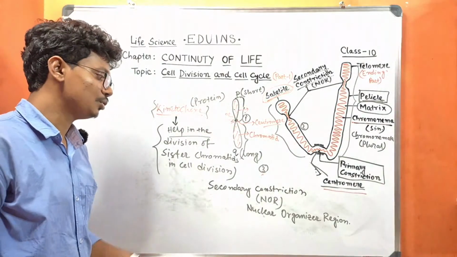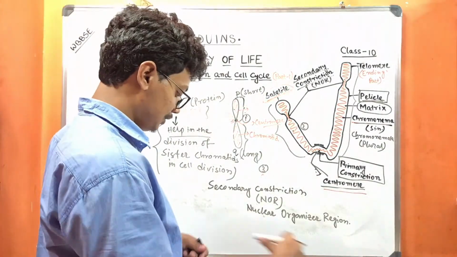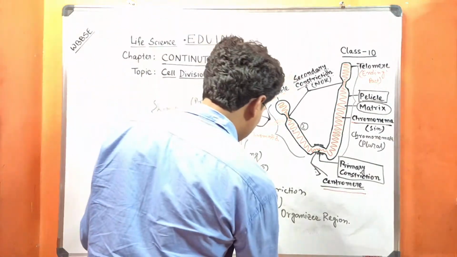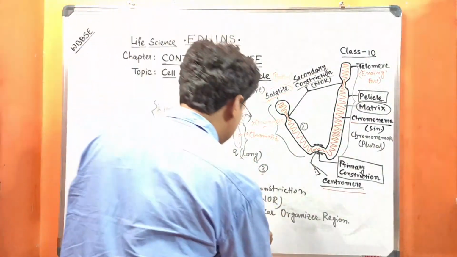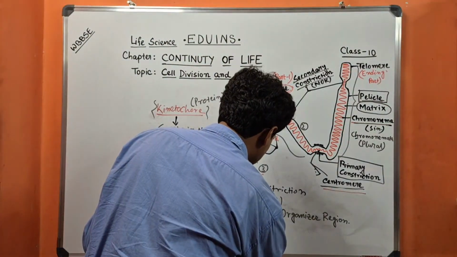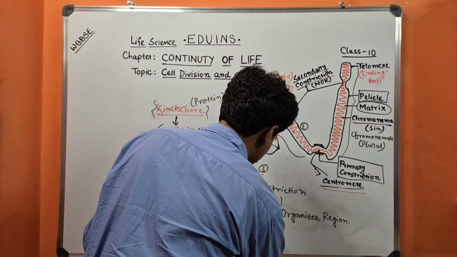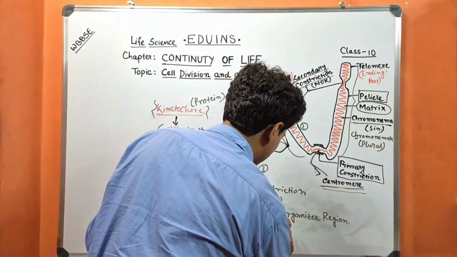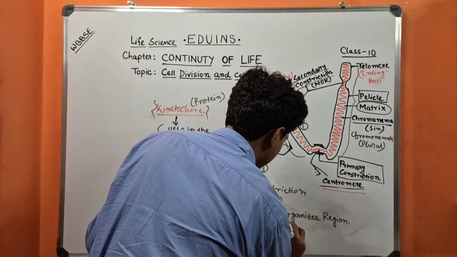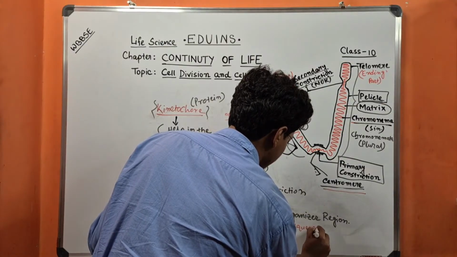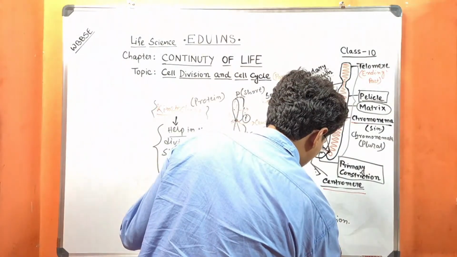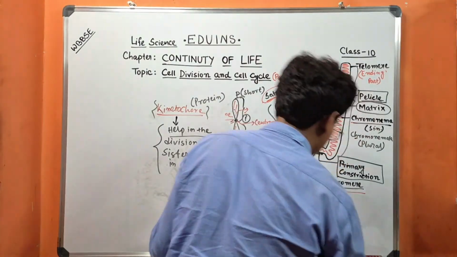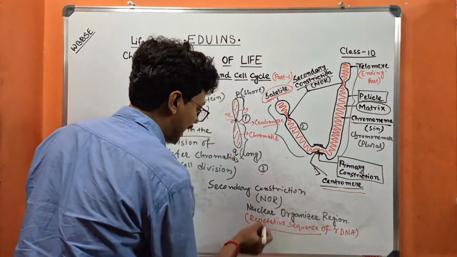So what is its function, or why is it located there? The nuclear organizer region mainly contains repetitive sequences of ribosomal DNA. This is known as tandem repeat.